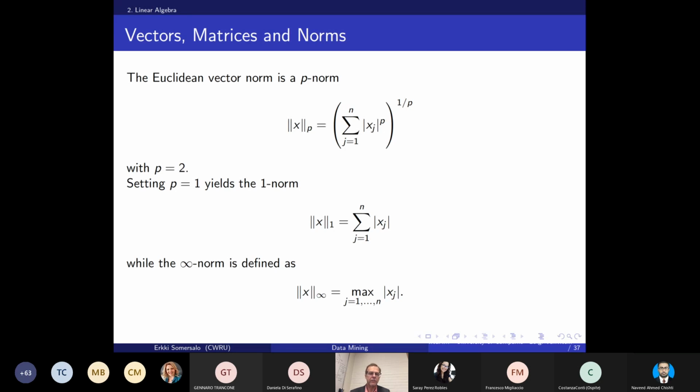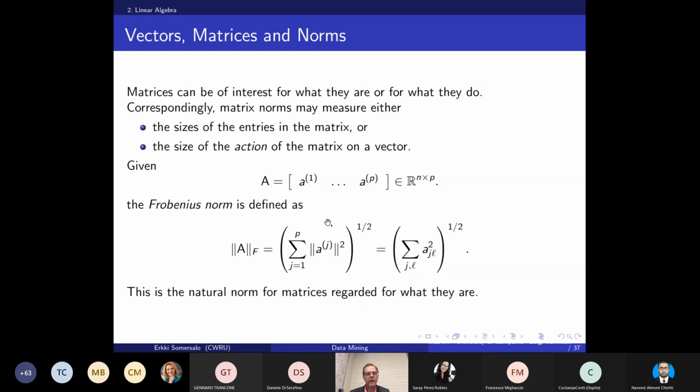If you let p be less than 1, then you won't have a norm. You have something which is norm-like, but it is no longer convex, so the triangle inequality won't hold. So p has to be larger or equal to 1. Okay, so these are basically the norms that we are going to encounter in this course: the 1 norm, infinity norm, and Euclidean norm for vectors.